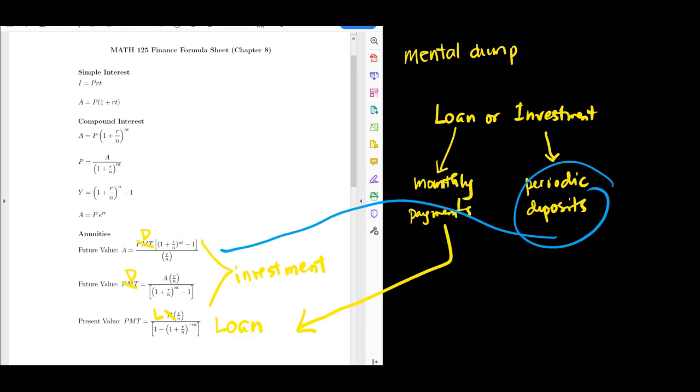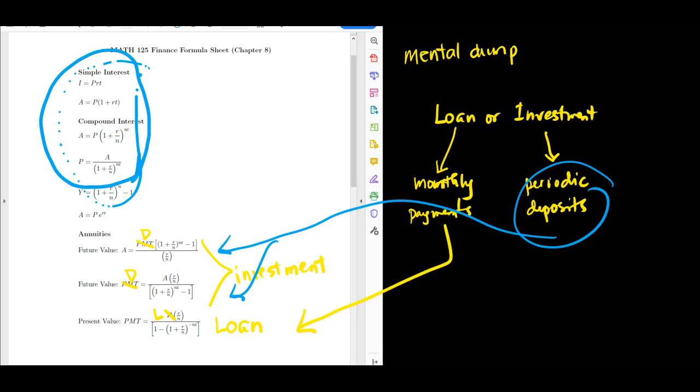You will use either of these two because it's an investment annuity. Now, if you don't have monthly payments, plural, or periodic deposits, all you have are either a single deposit, the principal, or a single payment, then you're using the first group.